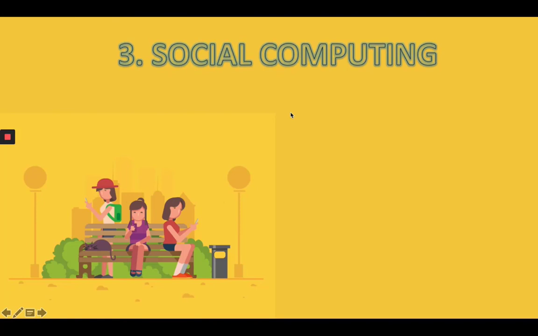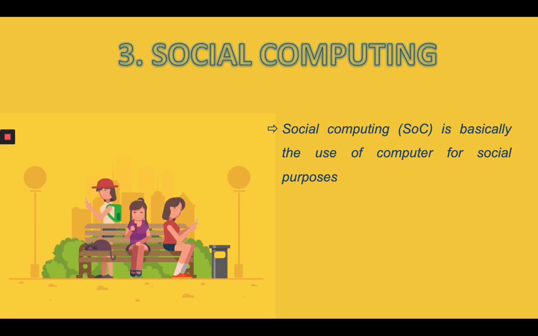So we move to the third component, social computing. Social computing is basically the use of computers for social purposes. It's based on the fact that humans are social creatures, and we are sensitive to the behavior of those around us. We talk with family, friends, or co-workers. Social interaction contributes fulfillment and richness to our life.